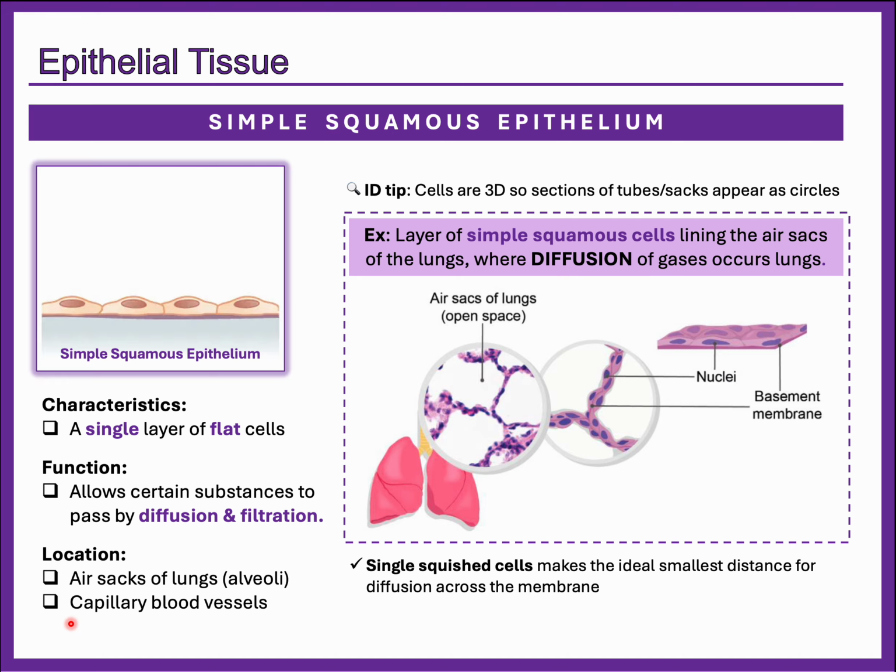We will also find it in blood vessels, which are wrapped around by a thin layer of simple squamous epithelium, because blood vessels also like to exchange. Imagine I had a thick layer to exchange between. It would need to pass through each of these cells before getting to the other side. That would be super slow, right? So I'd rather have something that is nice and thin, right? And this is the thinnest of layers possible. They're squishy and they're simple.